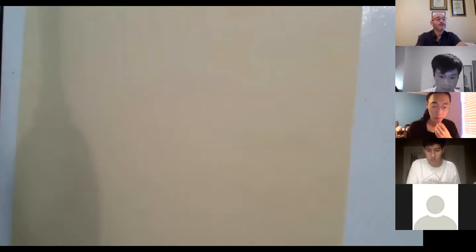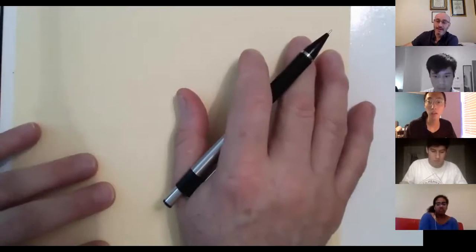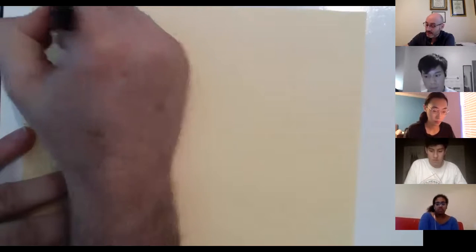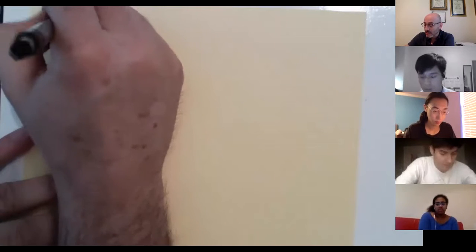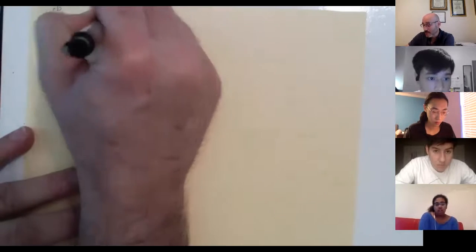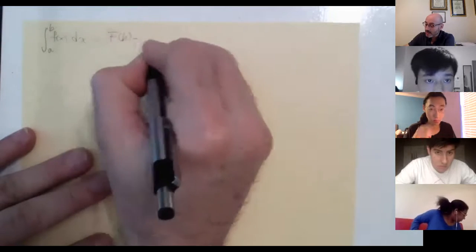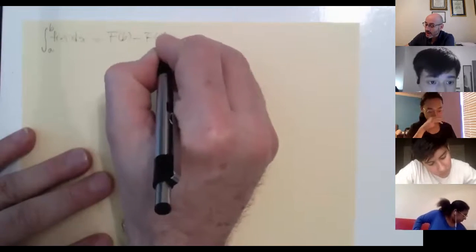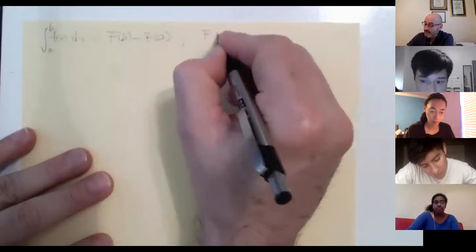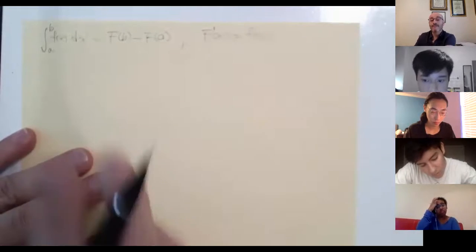Okay, this is where we stopped last class. We said that the definite integral, which is the integral from a to b of f of x dx, was equal to F of b minus F of a, where big F is the antiderivative of small f.